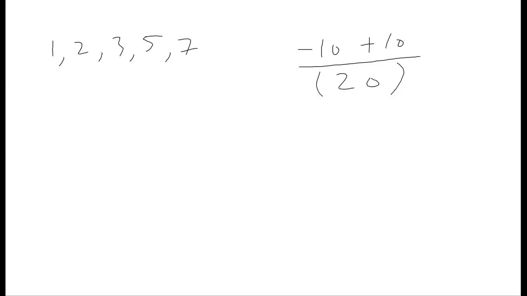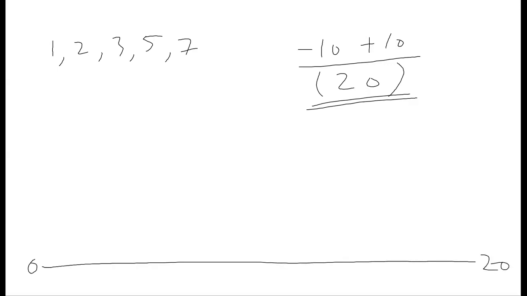So if you have numbers like 1, 2, 3, 5, and 7, and let's assume the range of numbers that we are given is minus 10 to plus 10 for simplicity. So I know there's a size of 20, which is the maximum numbers that can lie in my entire domain. I can plot them from 0 till 20.